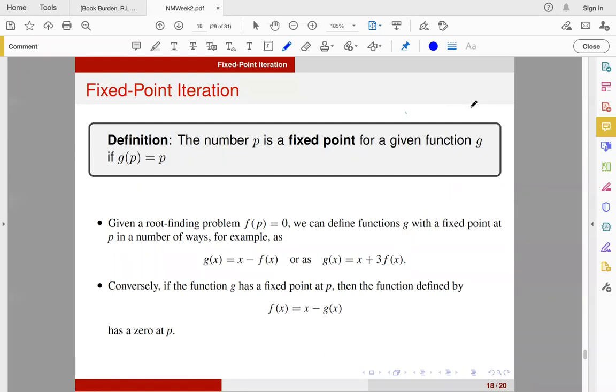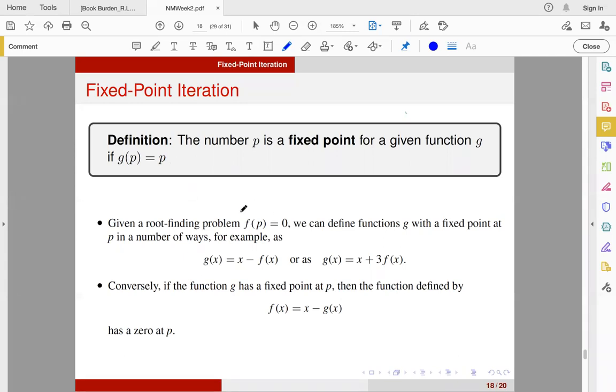The number p is a fixed point for a given function g if it satisfies the following: if we evaluate the function at p, it gives us the result p as well. The value of the function is the same as the value of the input point.